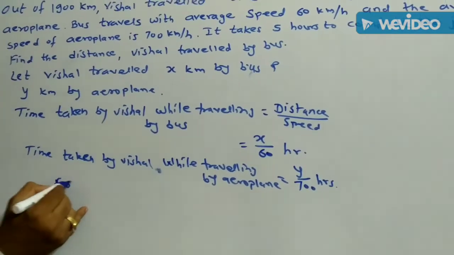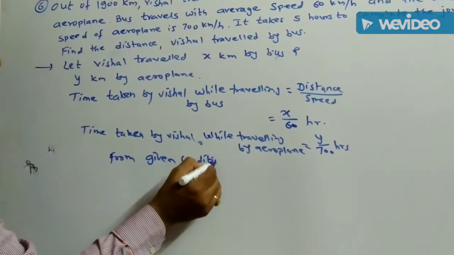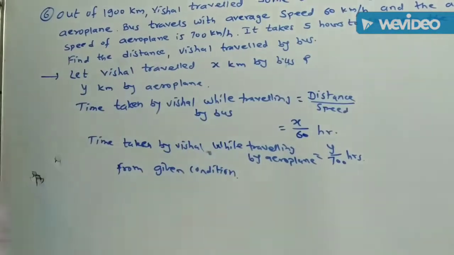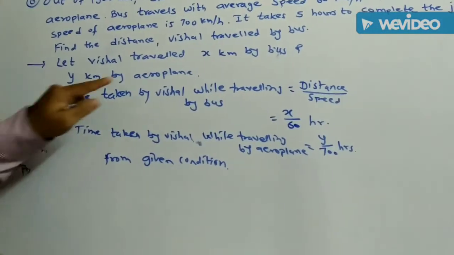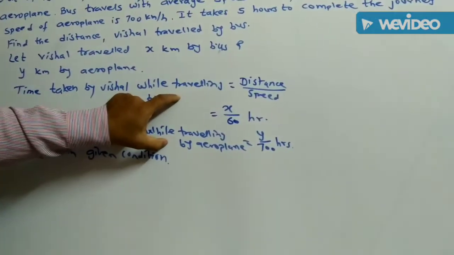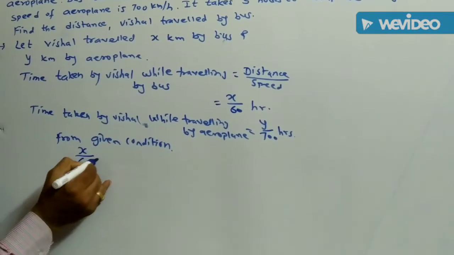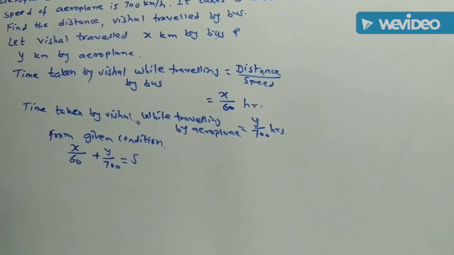From the given condition, the total time to complete the journey is 5 hours, the sum of these two times. Therefore, x upon 60 plus y upon 700 is equal to 5 hours.